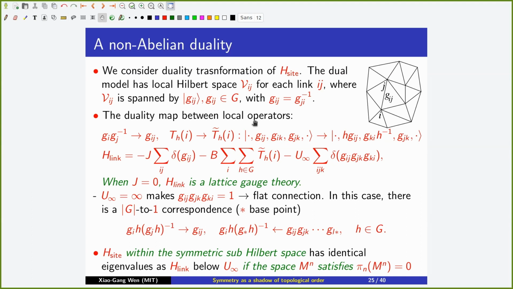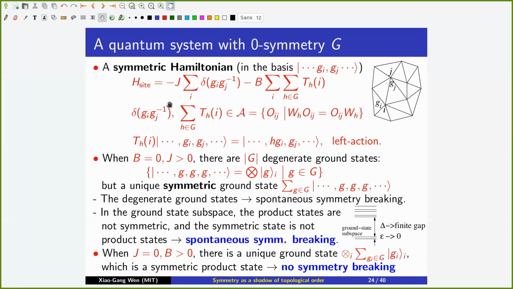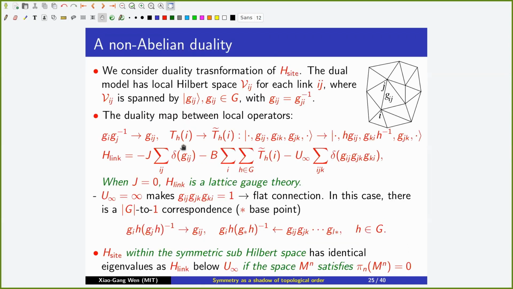The relation between the two models is the following: G_IJ corresponds to G_I times G_J inverse. That's the operator mapping, so remember this. We have an operator which is a delta function of G_I times G_J inverse, and this operator maps into the delta function of G_IJ.